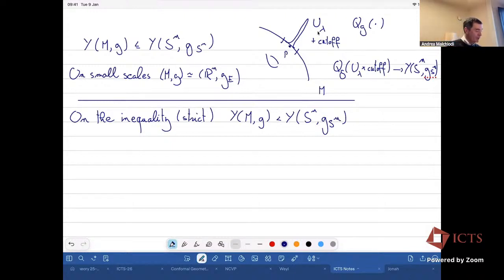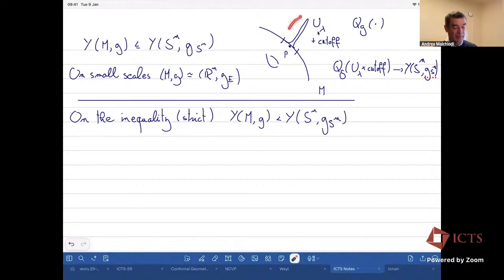Okay, apparently not. So we already have a good family of test functions for minimizers, which are exactly these ones.